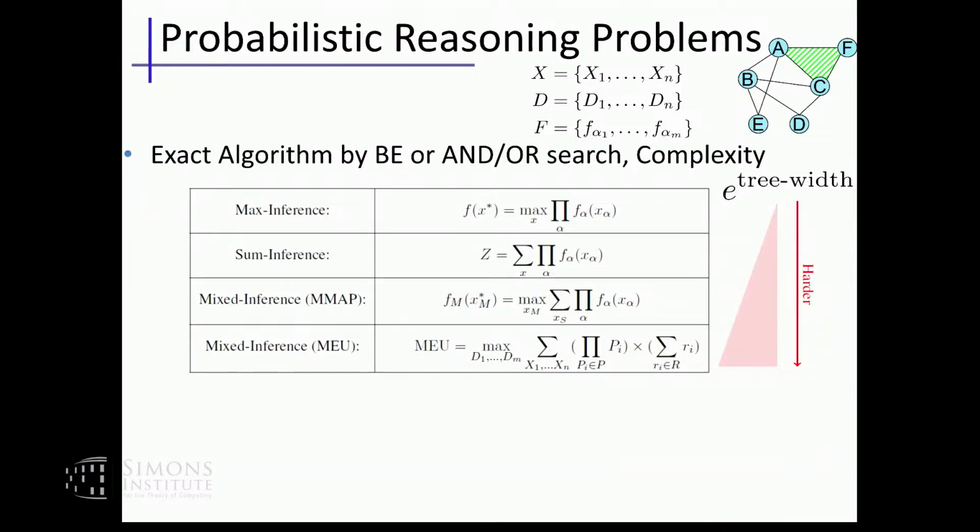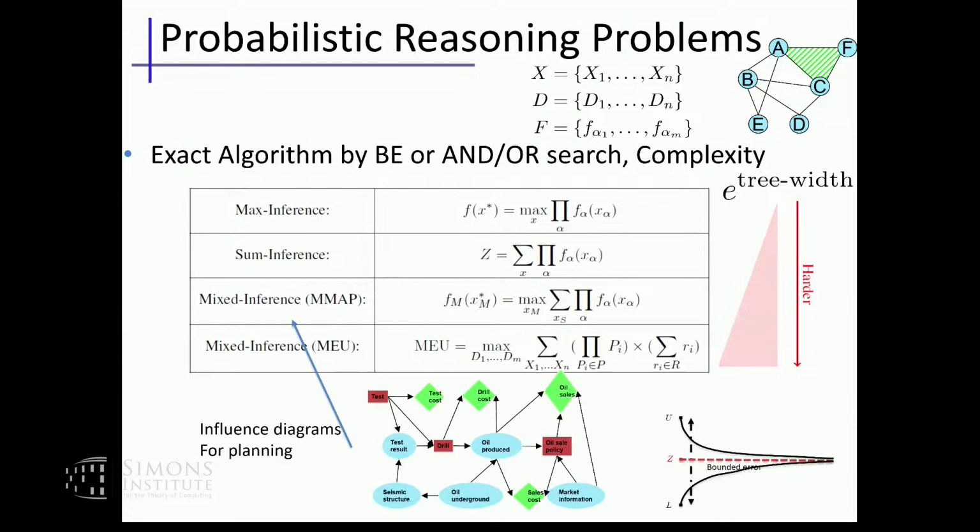And what we want is to solve all these problems here: max inference, MAP, sum inference, weighted counting, the partition function, mixed inference, the marginal MAP, when we have both summation and maximization on top of the product, and also influence diagrams. Here is a picture of an influence diagram.